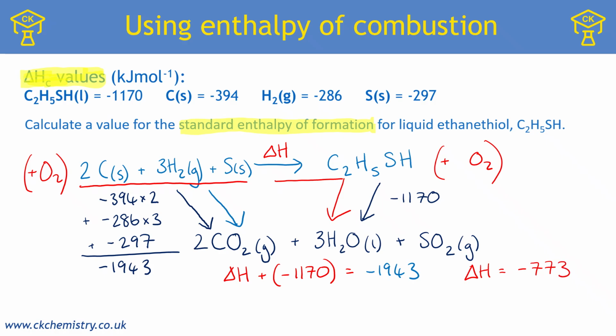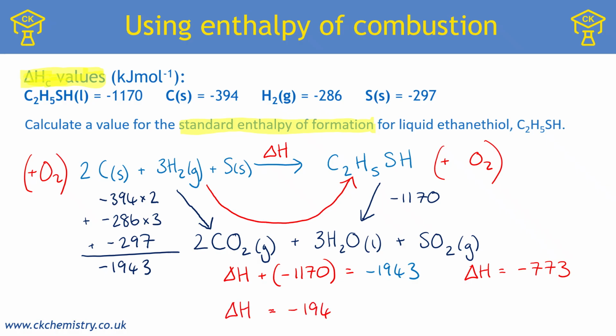Differently, how else could I do it? So if you're more happy about reversing arrows, let's see how we would do it like that. If you want to reverse arrows, you want to find delta H and you're going from there to there. Okay, so delta H equals minus 1943, which I've just kept the same because I'm going with that arrow there.